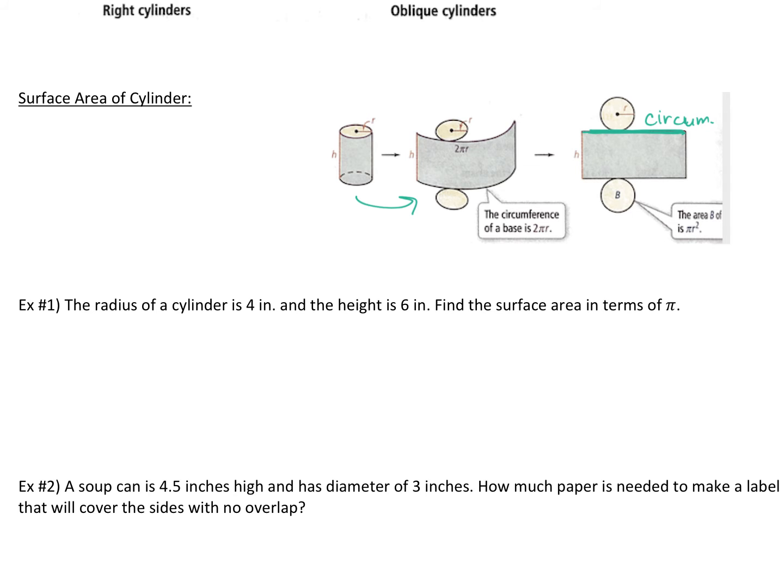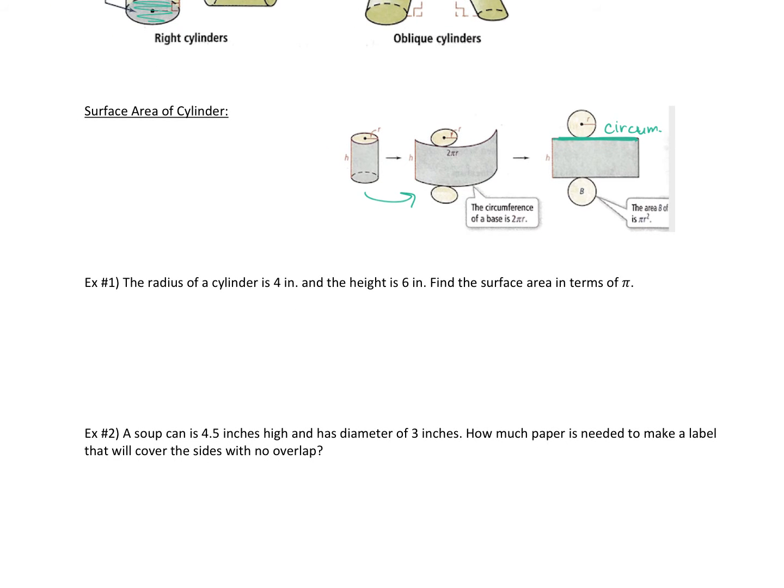So if we treat that like the circumference of a circle, if we're finding lateral area, it's the perimeter of the base, okay? My base is a circle. What's the perimeter of a circle? Circumference, right? Perimeter of a circle is the circumference of a circle. And circumference is pi times diameter, or 2 pi r, okay?